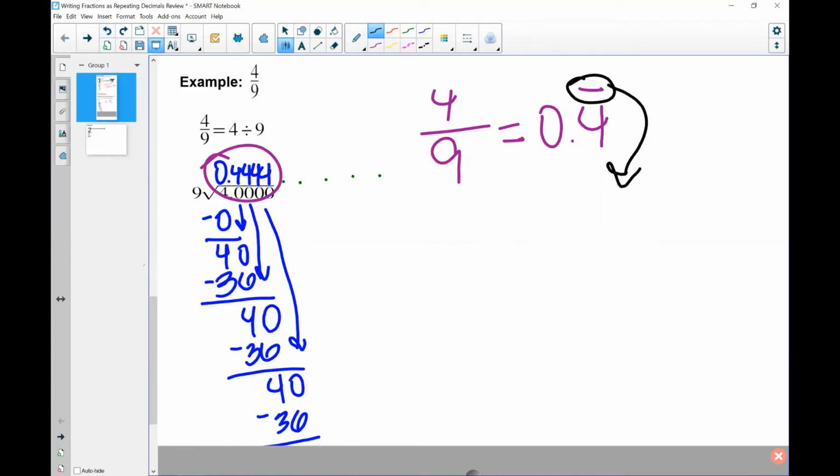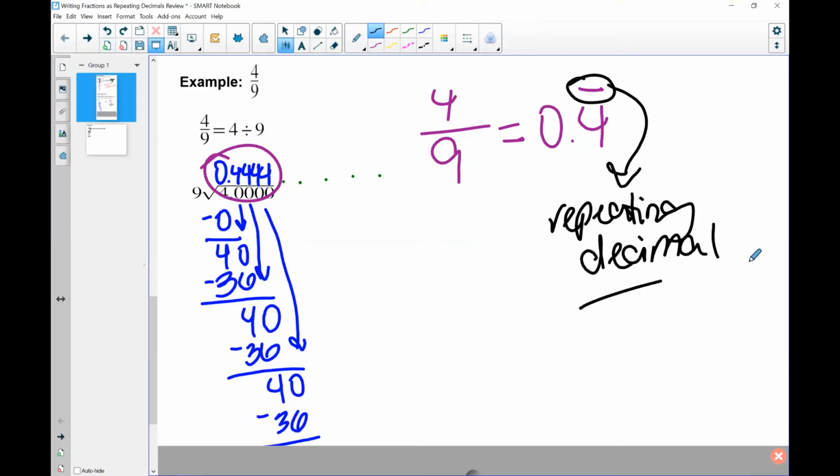This means it's a repeating decimal. That's what that means. Instead of writing 0.44444 and so on and on, because it's going to keep going on and on. And then here's how you work it out.